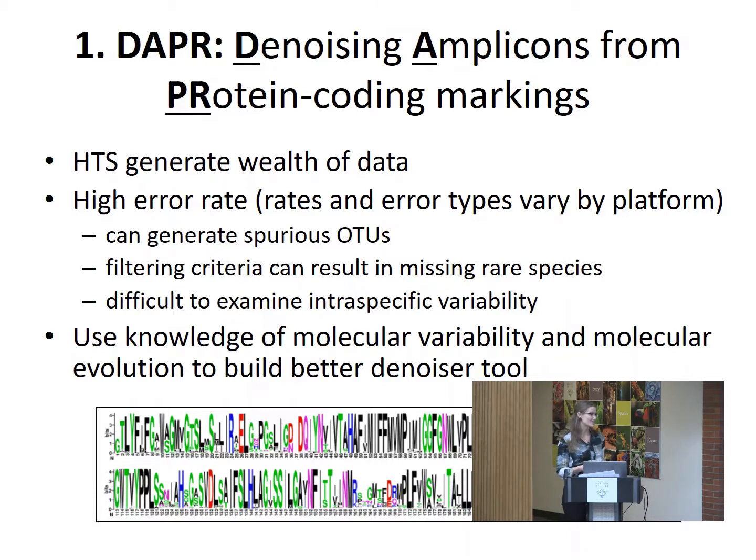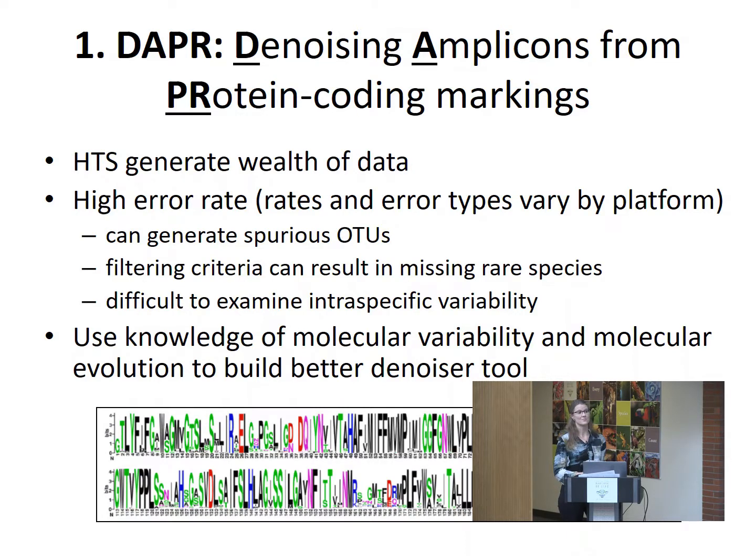And there have been protocols developed as well for filtering out OTUs, or operational taxonomic units, that show unusual coexistence patterns with others. And I think these have been necessary, but the unfortunate thing is you can also miss real OTUs by that process. And we may want to detect rare OTUs.